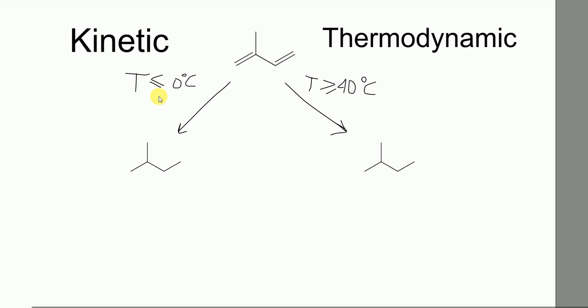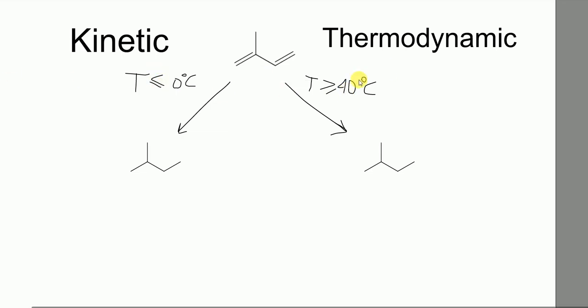So kinetic has to do with why a certain product is formed. This happens in low temperature environments, so the temperature is 0 degrees or colder, and then thermodynamic, as you can imply from the name, happens when the temperature is higher. So you'll see 40 degrees, you'll see maybe higher than that.